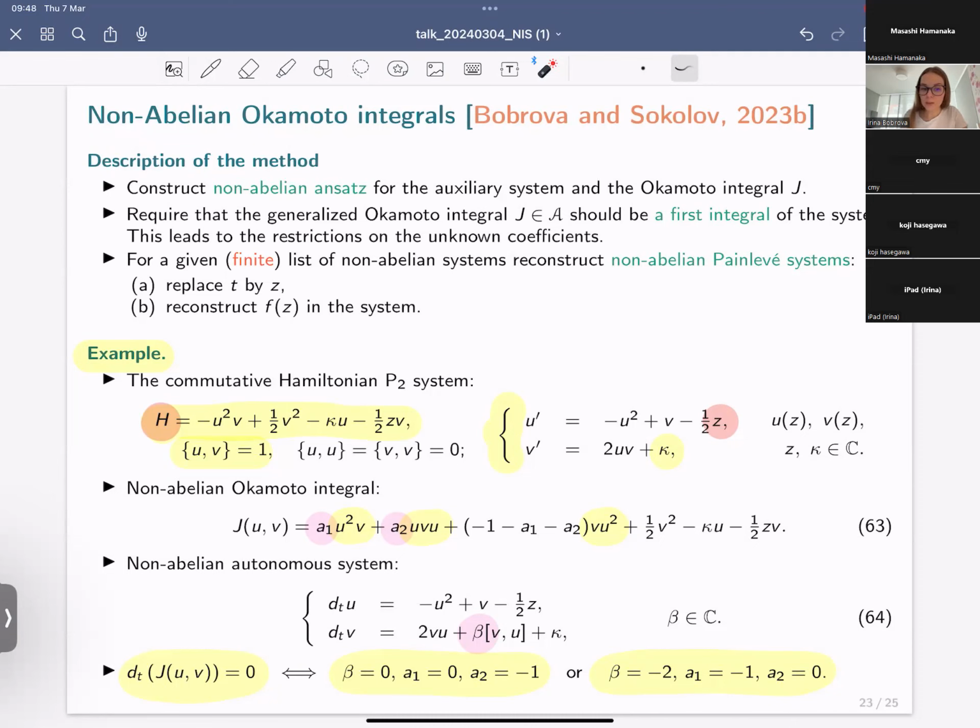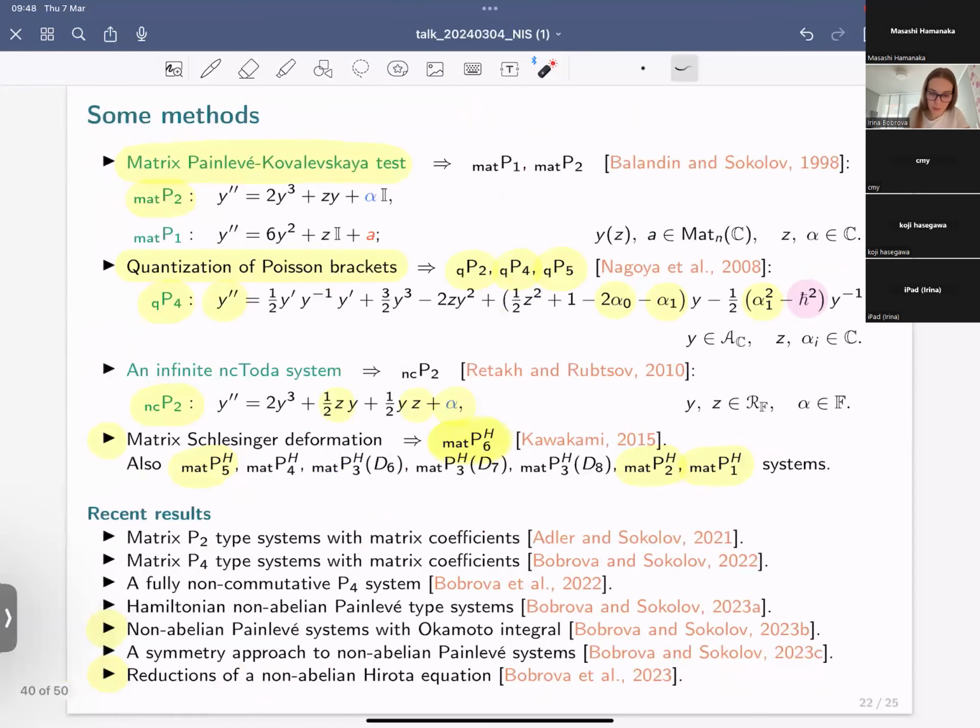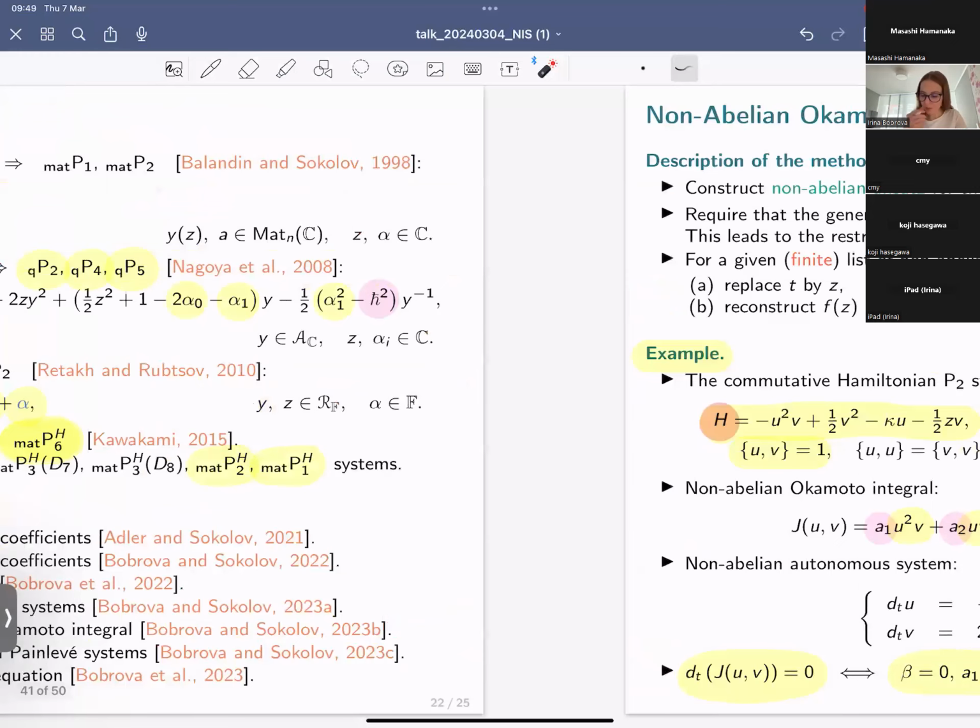And in fact, this system is different from this Painlevé-2 equation in the matrix form. So it means that one Painlevé equation can have different analogs in the non-abelian case.